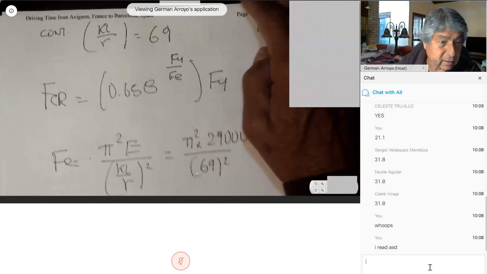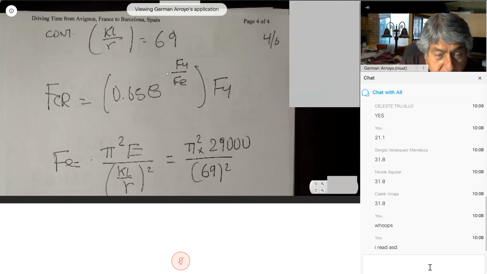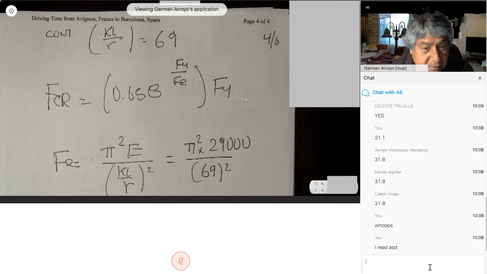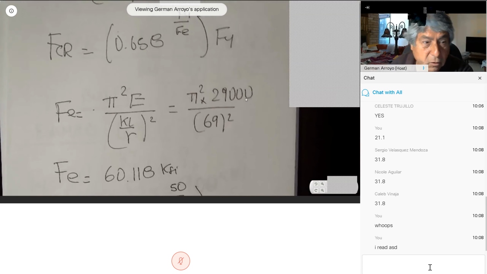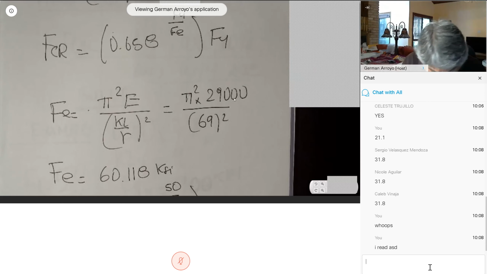The formula from the code tells you that the critical stress is 0.658 raised to Fy over Fe, times Fy. Fe is the Euler critical stress that I showed you before, pi squared E over KL over R squared. Anybody tell me which page in the code we find this formula?